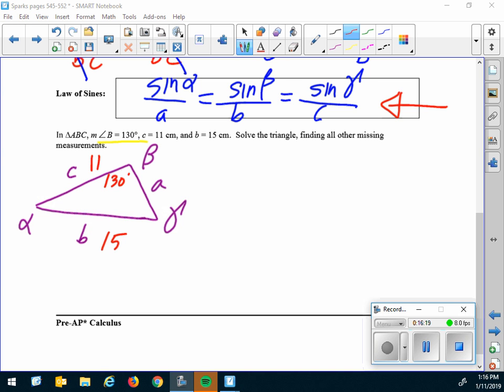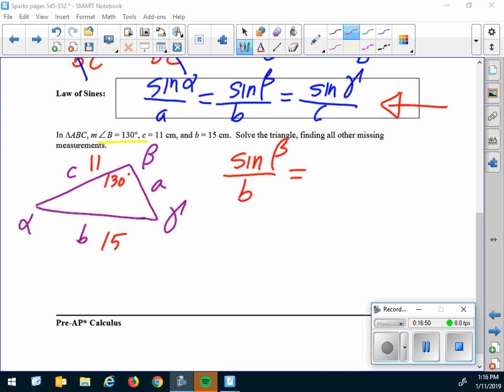Why do I have to use sine beta over B? Because I know the angle and the side. I know both beta and B. So I'm going to use sine beta over B. Now here's the deal.